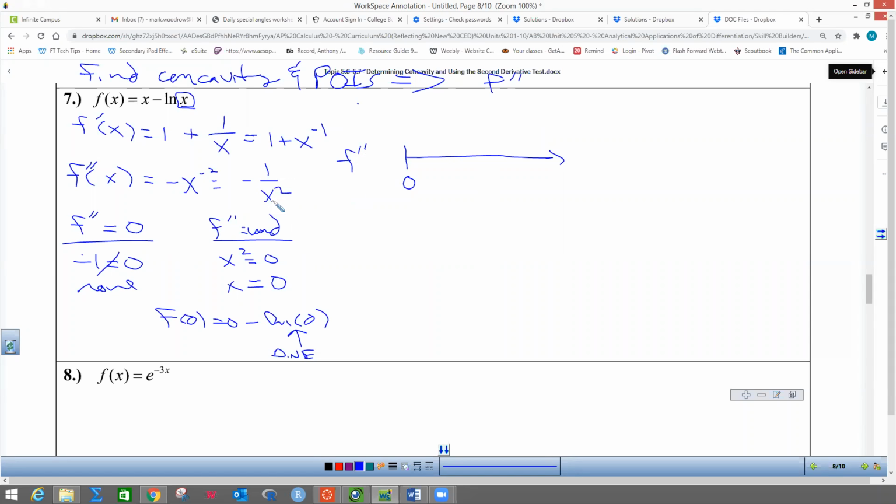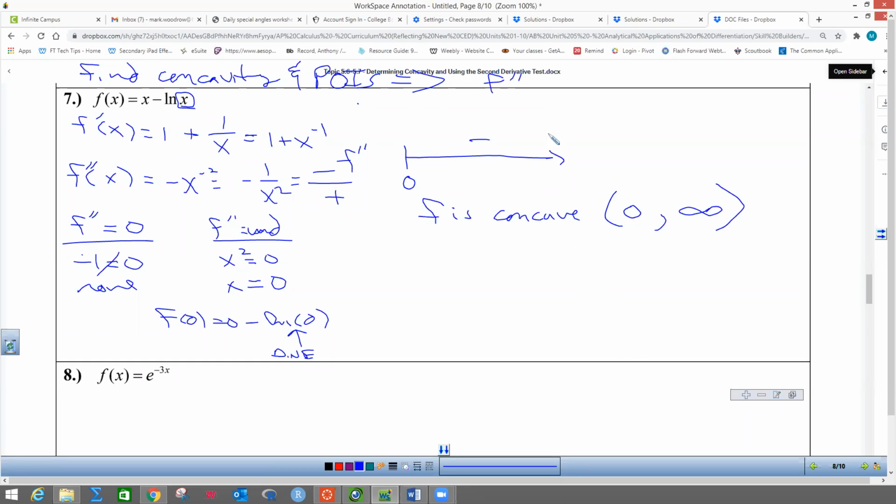If I plug the negative 1 in there, you've got negative 1. This negative I'm going to put on the top is always negative, and whatever you square is always positive. So that means this is negative everywhere. So what this means is f is concave down, not including 0, and forever to the right.